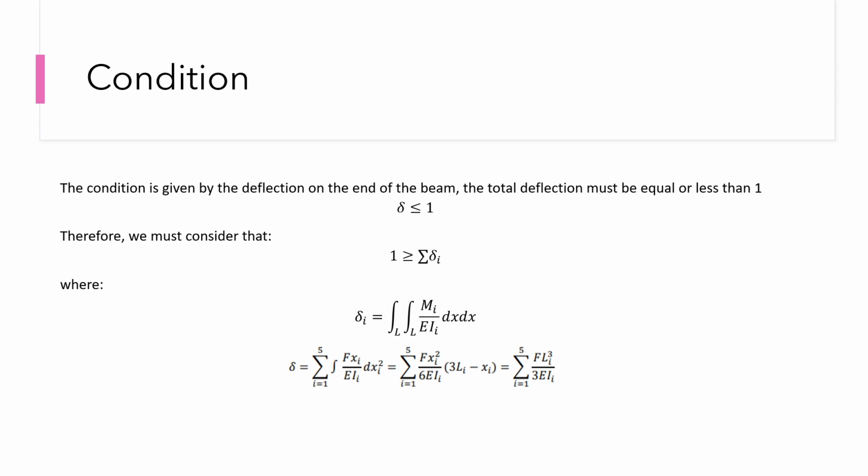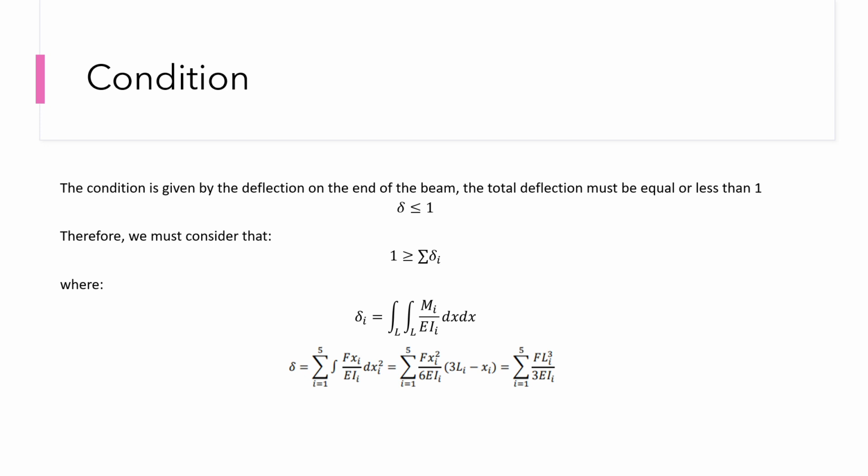And so we have here the formula of the deflection of beams, and we do the calculus here, and we get that the deflection of each segment is going to be F multiplied by L to the power of 3 over 3 times the Young's modulus and the inertia of the segment.